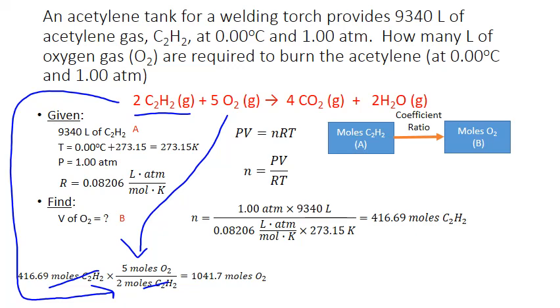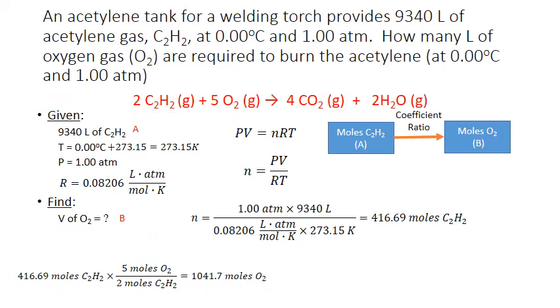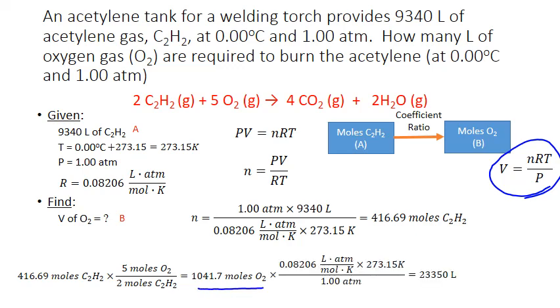And our last step is to actually convert from moles of oxygen into the unit we're asked for in the problem, which is volume. And again, oxygen is a gas, so we can use the ideal gas equation to do this. We just rearrange it to solve for volume this time. So this is going to be moles n times the gas constant times temperature divided by pressure. And we already have our moles, our n term right here, so we can just multiply that by R, our ideal gas constant, times the temperature, and divide it by the pressure.